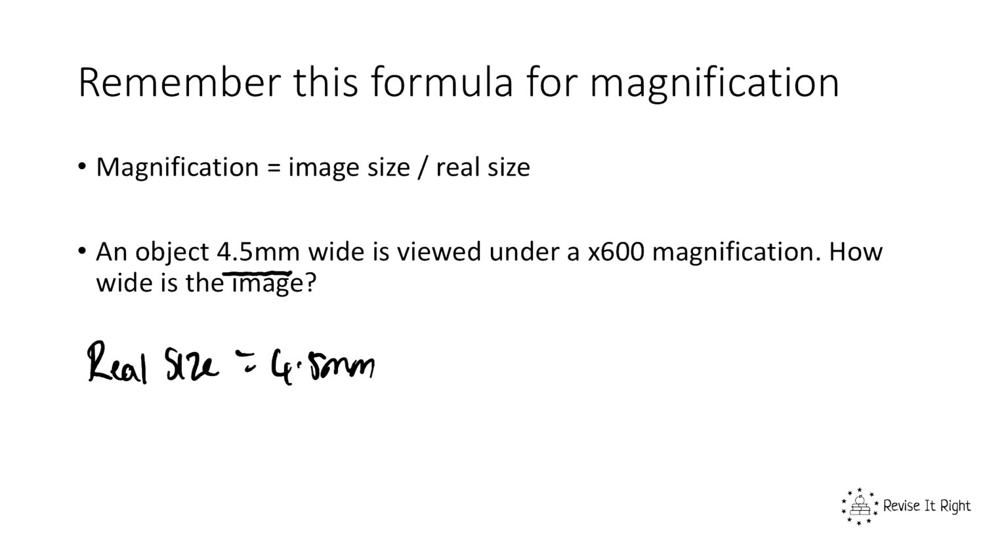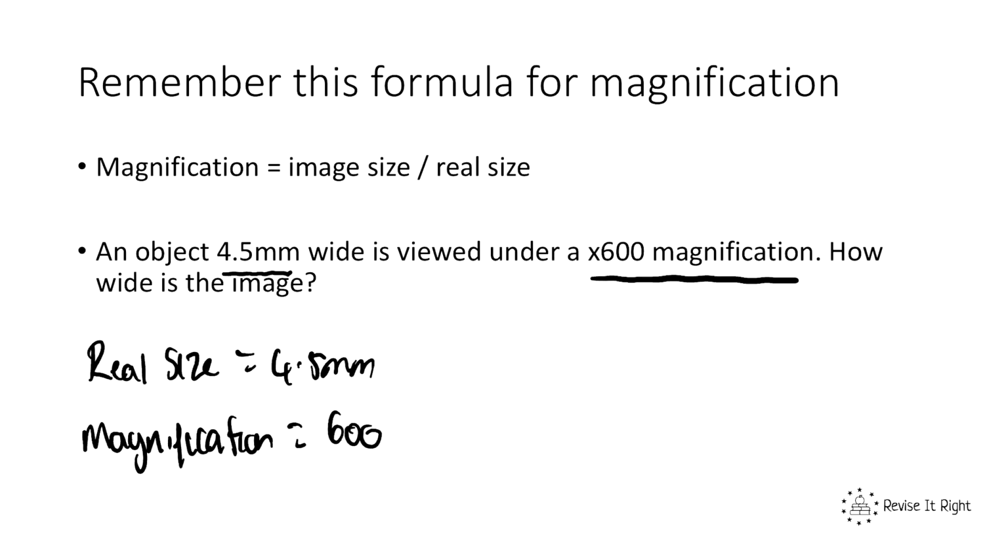Under a magnification of ×600, so magnification equals 600. Then I put those values into our equation. So magnification equals 600 equals image size, which is what we are trying to work out, so I'm going to call that I, divided by the real size, which is 4.5 millimeters.